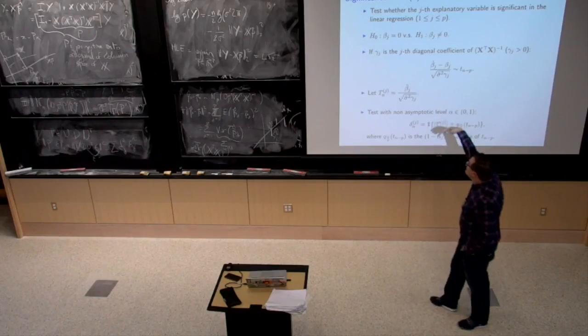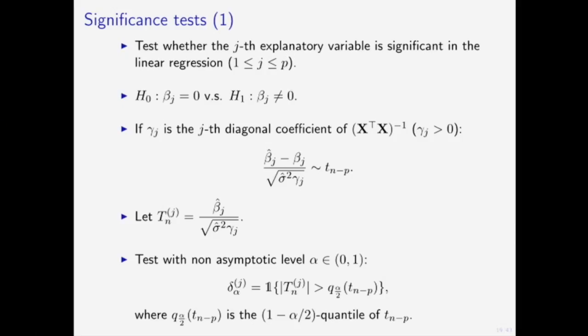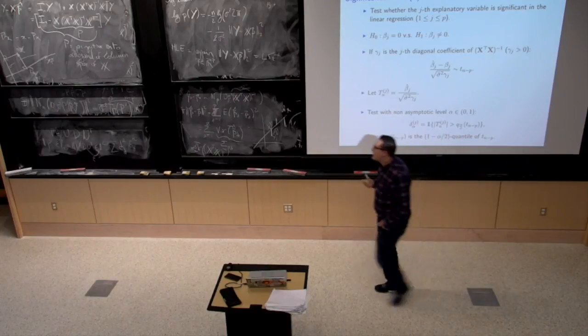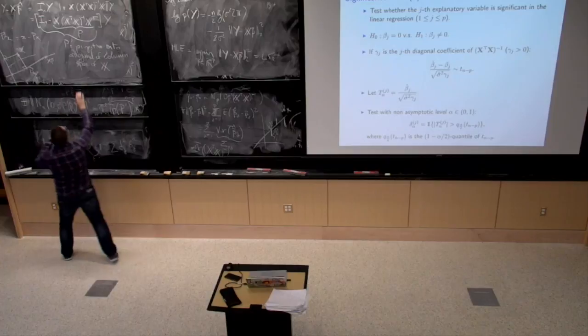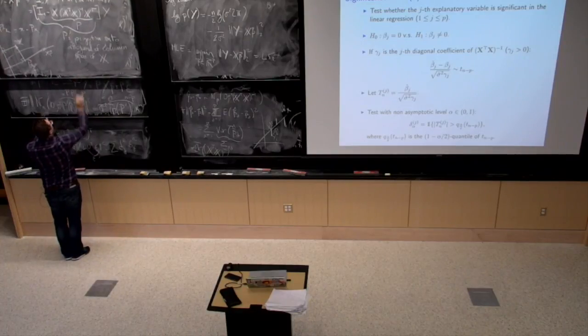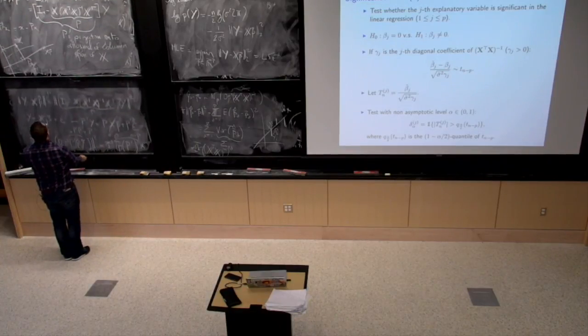I'm going to write a test to test maybe if the beta_j's are equal to 0. I'm going to form a numerator, which is beta hat minus beta. This is normal. We know that beta hat has a Gaussian distribution. I'm going to standardize by something that makes sense to me, and I'm not going to go into details because we're out of time. But there's the sigma hat that shows up, and then there's a gamma_j, which takes into account the fact that my x's... If I look at the distribution of beta, which is gone, I think.